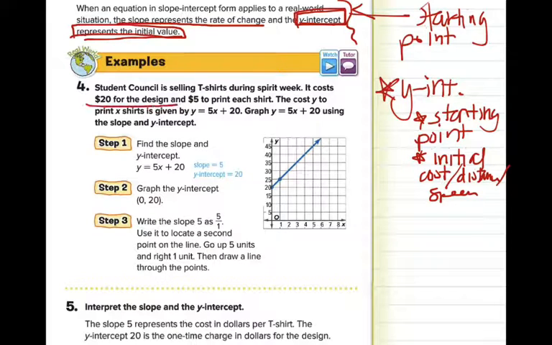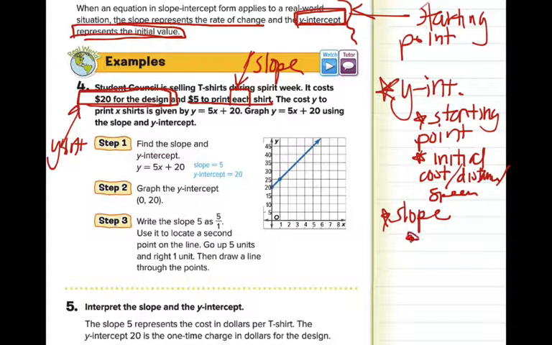So if you look at this, no matter what happens with the shirts, it's going to be $20 to design it no matter what. So that's my y-intercept, because that's the starting value. Whether I have one shirt or 1,000 shirts, it's going to cost me $20 to get any shirts made at all. And then the minute you start seeing each is a big clue that this is our slope.